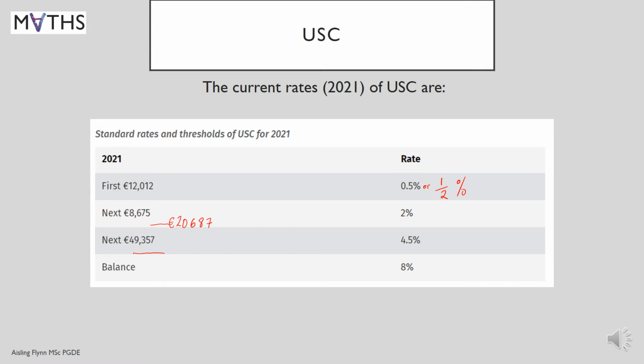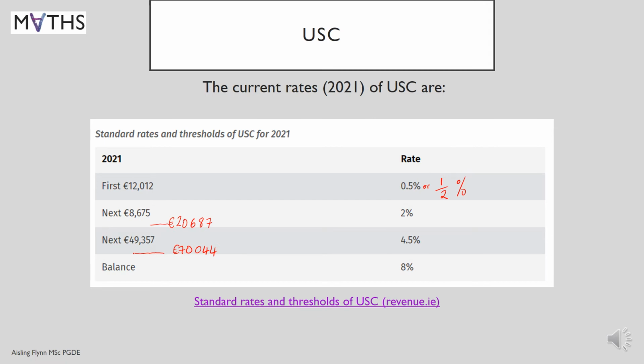If we add the 49,000 number to the 20,000, we've now included everybody who earns up as far as 70,044 euro. Anybody who earns more than that begins to pay USC at 8%. So the high earners pay more.